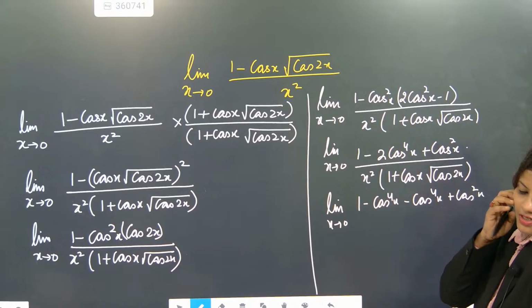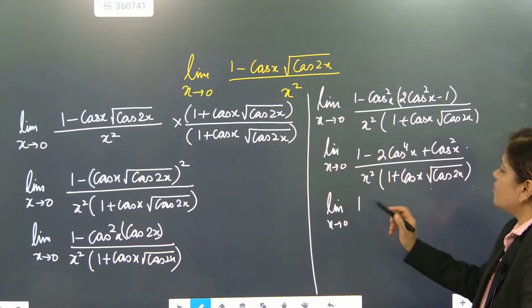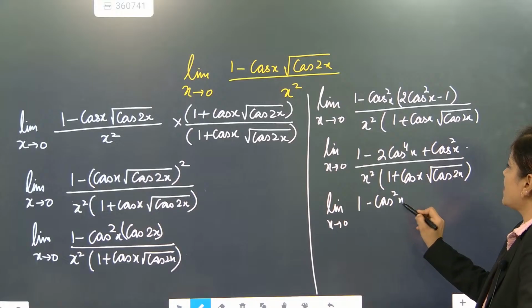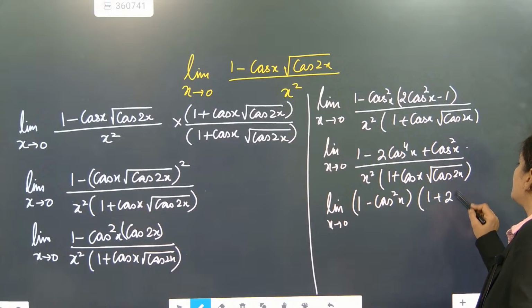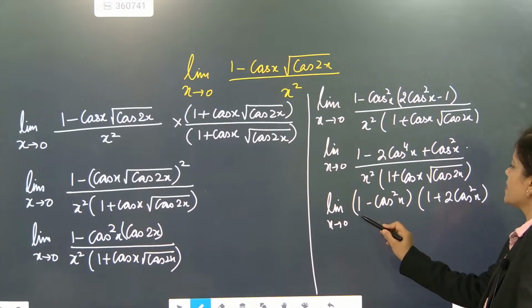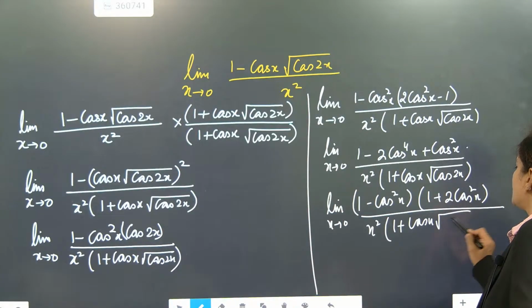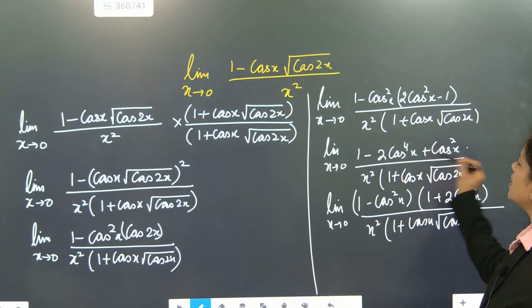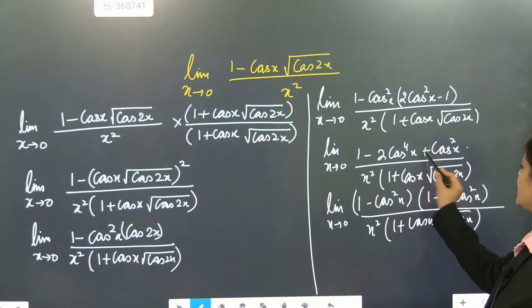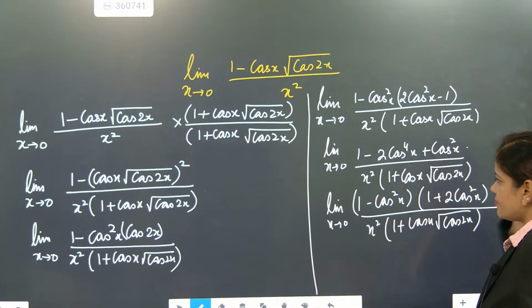I can snatch 1 minus cos square x and it will become, if I factorize this, another step will become 1 minus cos square x and then 1 plus 2 cos square x. Okay, x square, and this is 1 plus cos x root under cos 2x. This is exactly going to work. Why? Because I have just taken cos square, because minus, if I will take 1 minus cos square x and again 1 minus cos square. Factorization, the moment I will do, it will come like that. So that part is correct only.